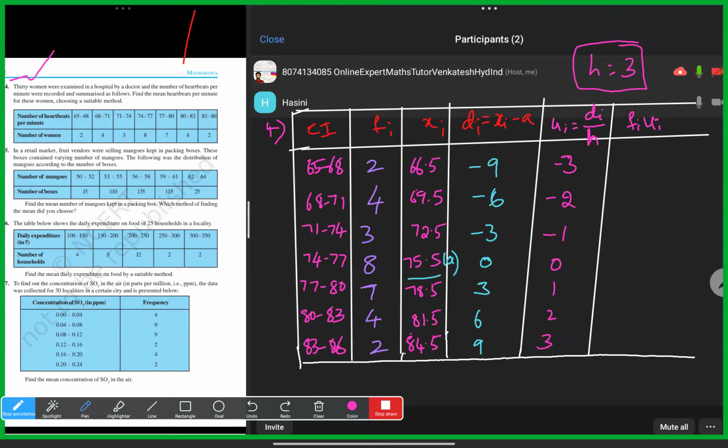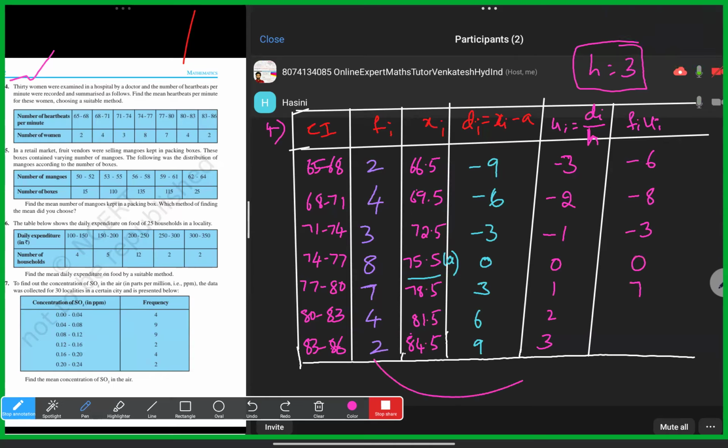Next one. So 2 into minus 3, minus 6. 4 into minus 2, minus 8. 3 into minus 1, minus 3. 8 into 0, 0. 4 into 2, 8. 2 into 2, 4. 7 into 1, 7.